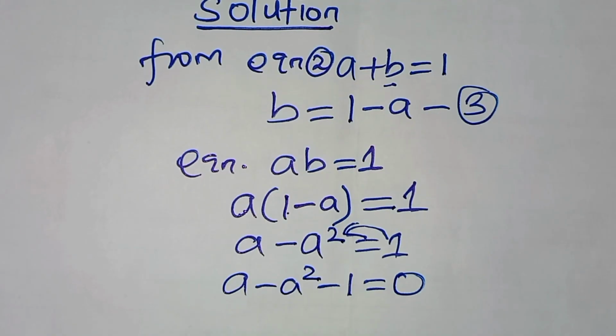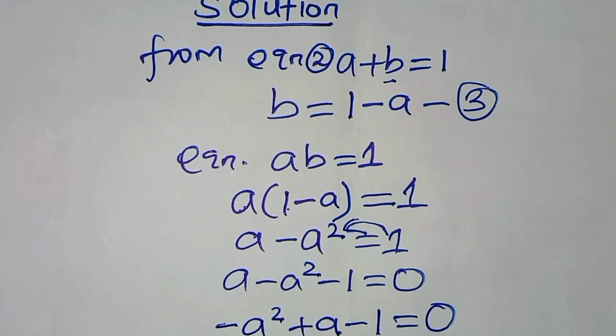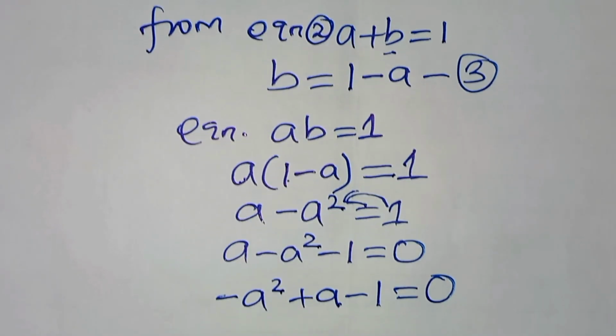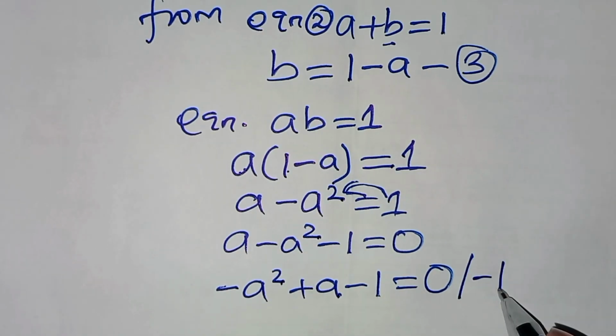Now the next step here, let's rearrange this equation so that we'll have negative a squared plus a subtract 1, this is equal to 0. The next step here, let's make this a quadratic equation. Let's multiply both sides by negative 1.